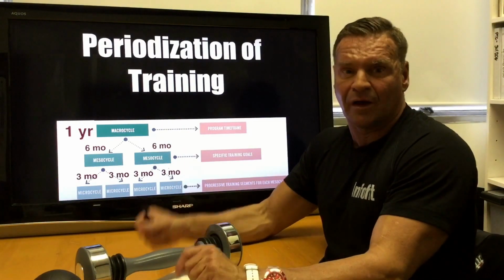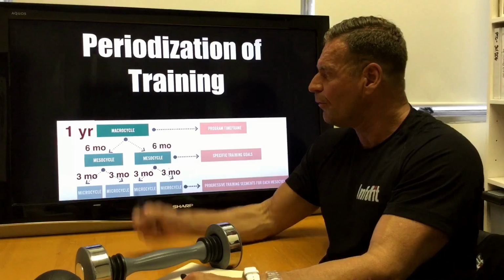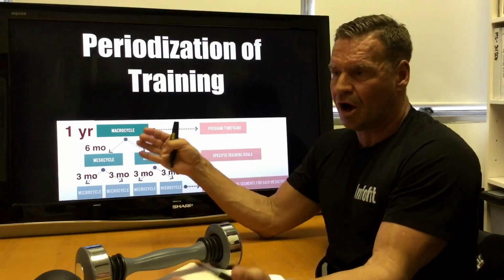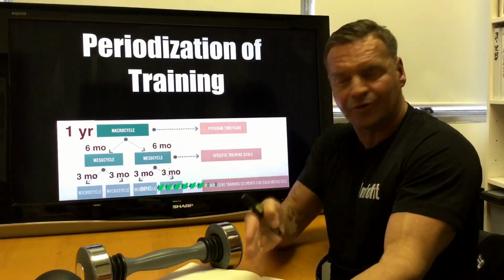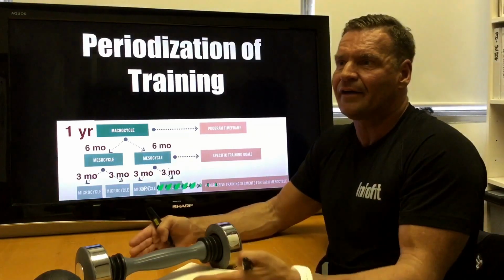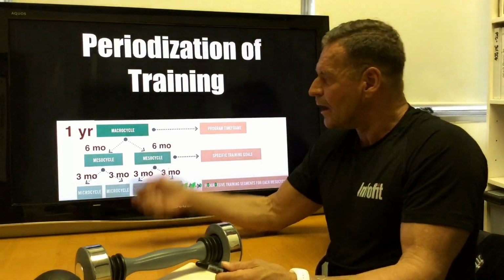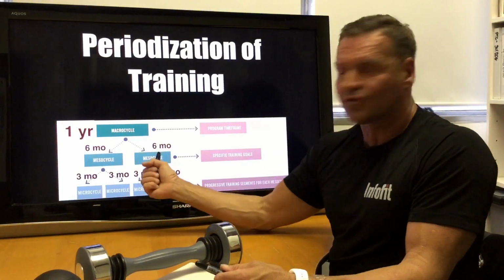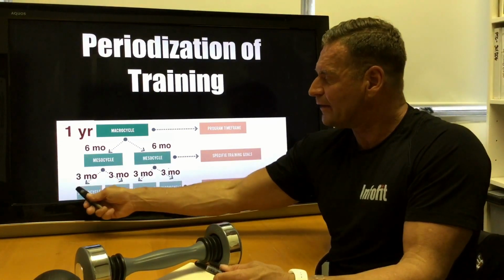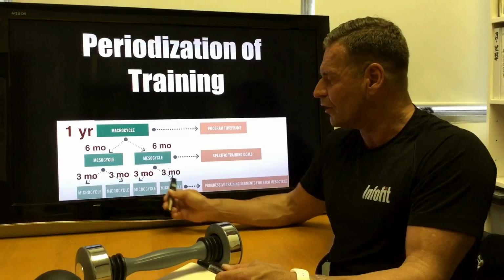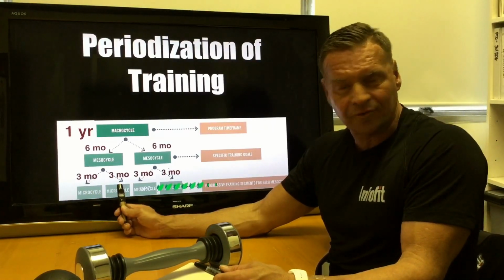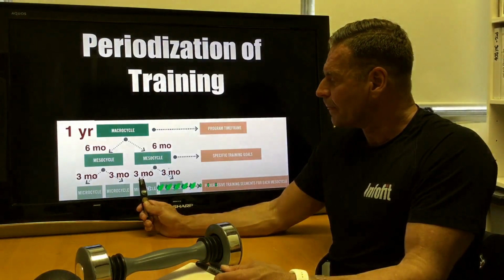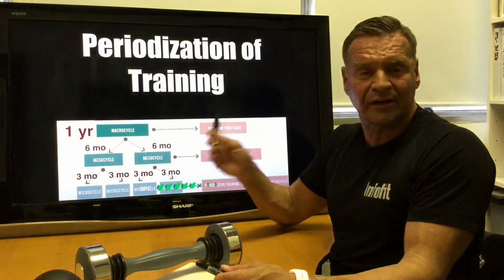Periodization of training. If you ever hear that kind of lingo, we're talking about breaking down a goal, or a year, for example, into different sections so you can focus on different types of training per section. Let's say a year, you can divide it into two 6-month sections and then divide it further into 3-month sections, where I want to work, for example, endurance for 3 months or strength for 3 months, and then hypertrophy, and then you can cycle it again.